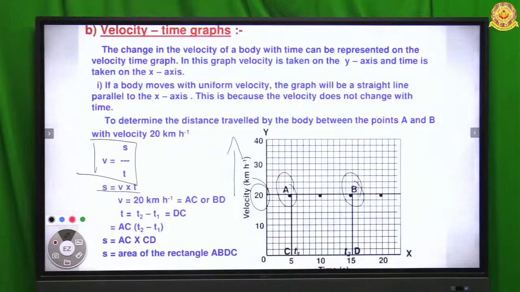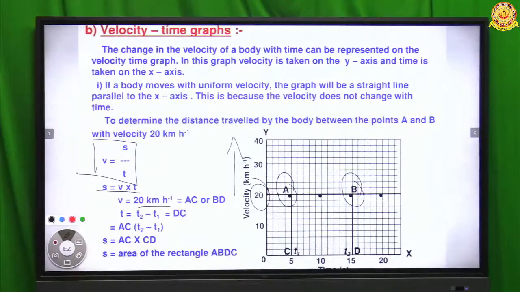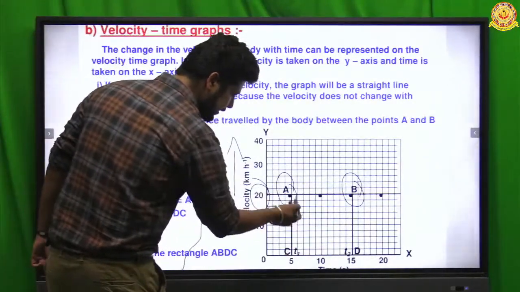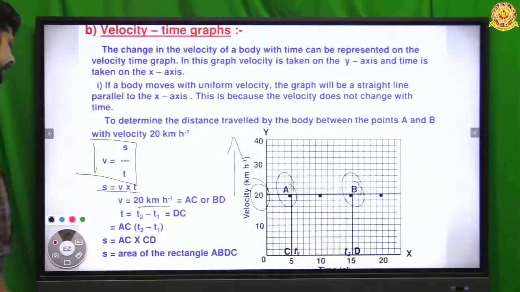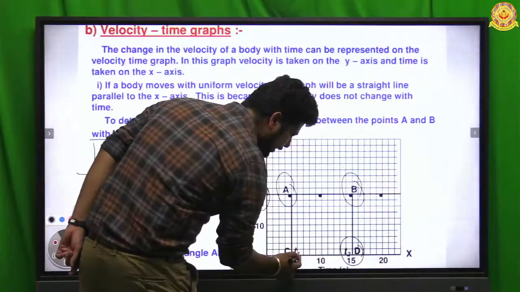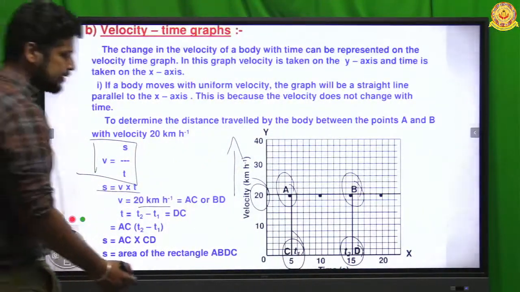Now our velocity or speed is given as 20 km per hour, that is AC or BD, and time is t2 minus t1. Time is this DC.